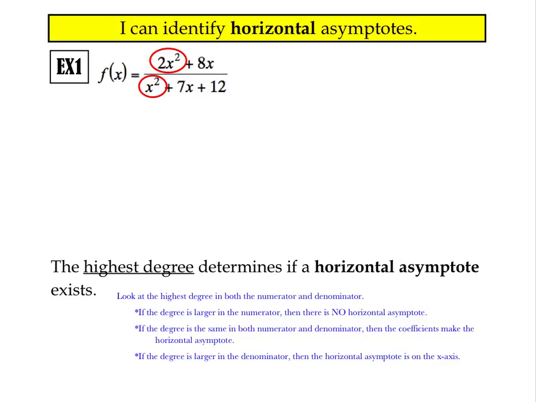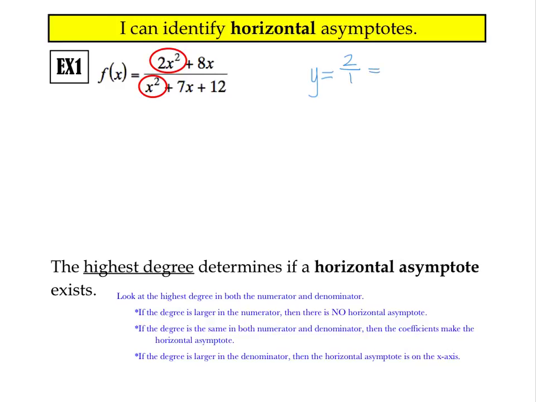So if the degree is the same in both the numerator and the denominator, then the coefficients make the horizontal asymptote. So a horizontal asymptote is where y equals. So my asymptote is going to be at y equals, and I just use the coefficients. So the coefficient of the degree of 2 here is 2, over, and the coefficient of the degree of 2 here is a 1.